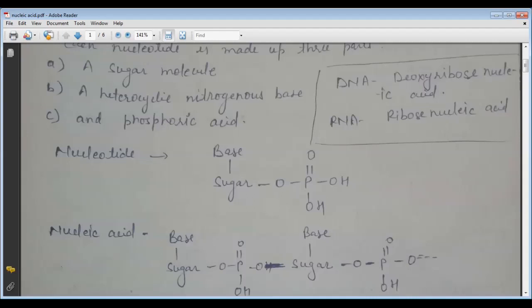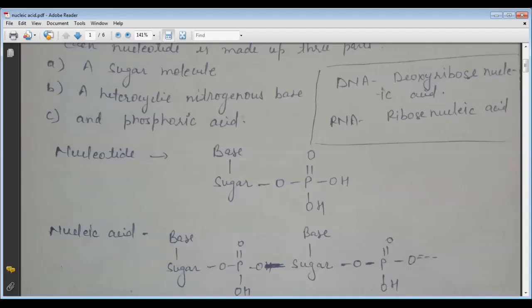The nucleotide contains all three basic components of the nucleic acids: the phosphoric acid, the pentose sugar, and the nitrogenous base.